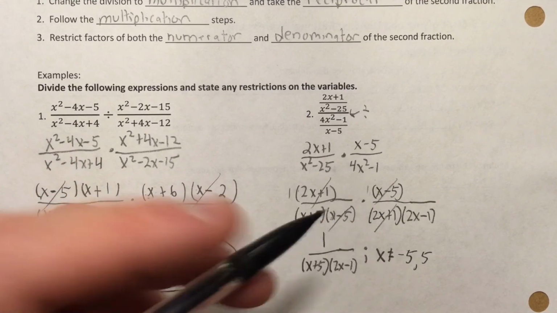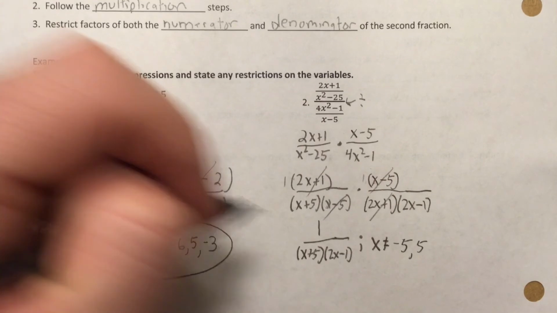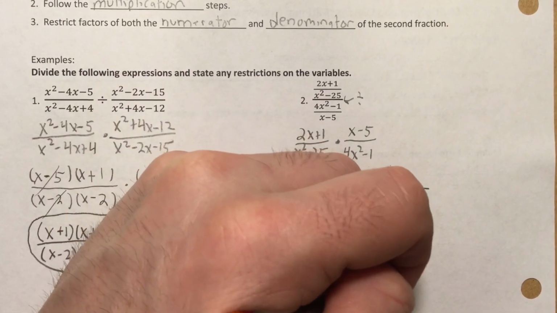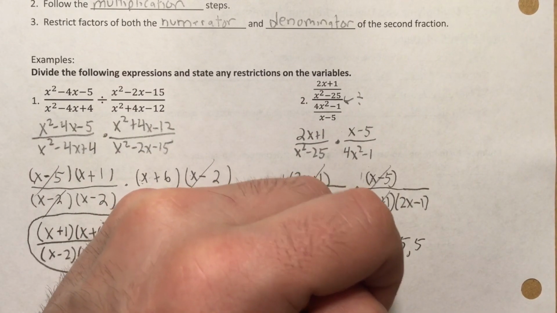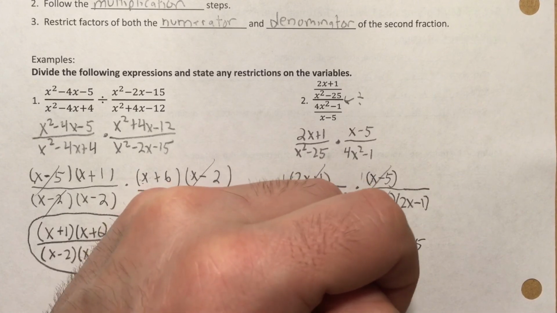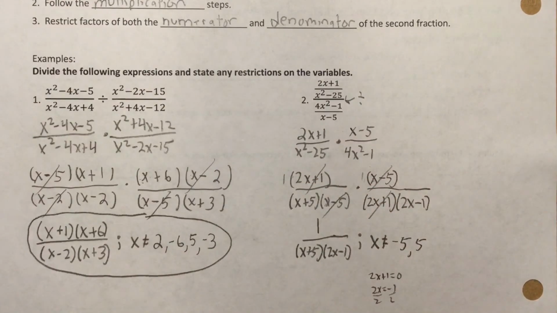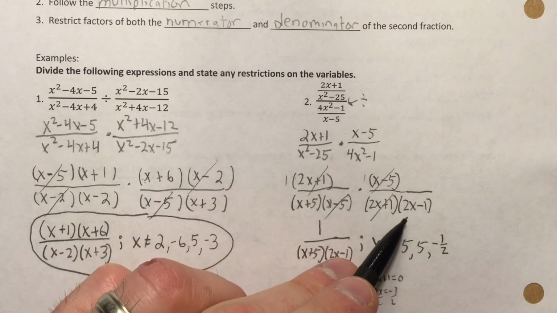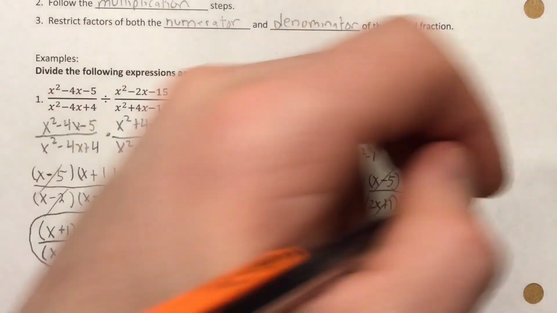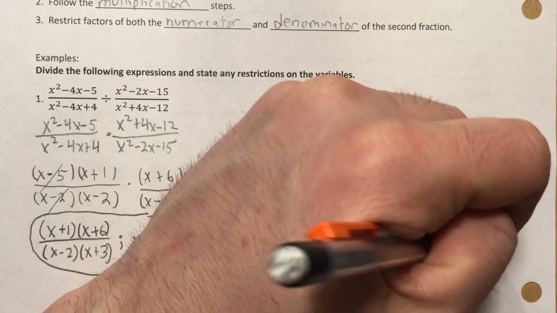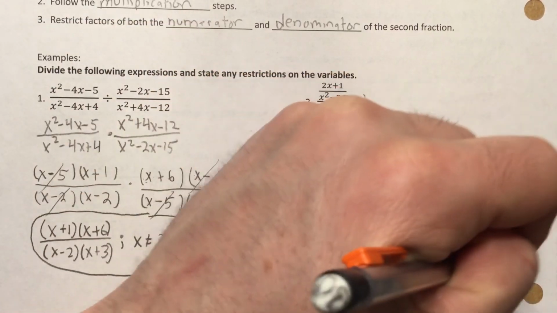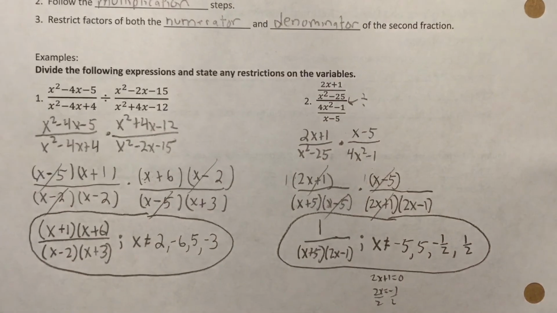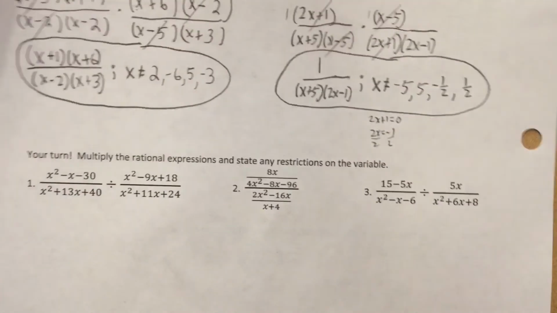If I set 2x plus 1 equal to 0, I would subtract 1, and then divide by 2. So x cannot equal negative 1/2. And then the same thing here, but that would be positive 1/2. All right, and that's division. Try those 3 examples.